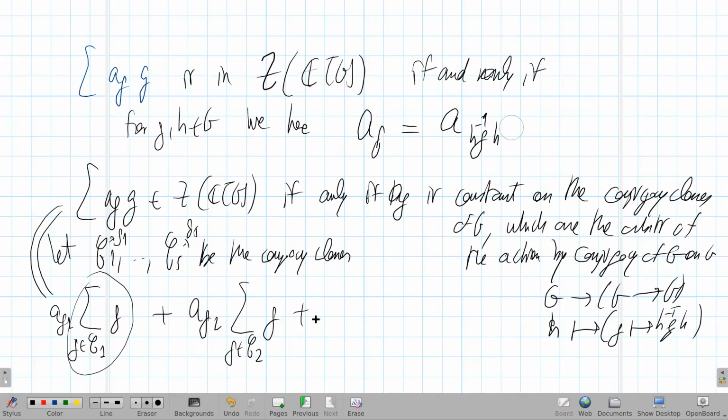So we have seen that an element is in the center if and only if this coefficient is constant on the conjugacy classes. That is, this element is a linear combination of the sums over conjugacy classes. And it's immediate to see that these are independent.